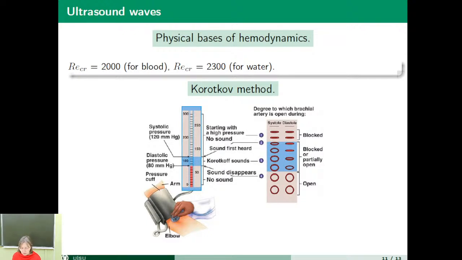A distance on the order of 1.5 meters leads to a pressure difference of around 0.15 atmosphere, or 120 millimeters of mercury.